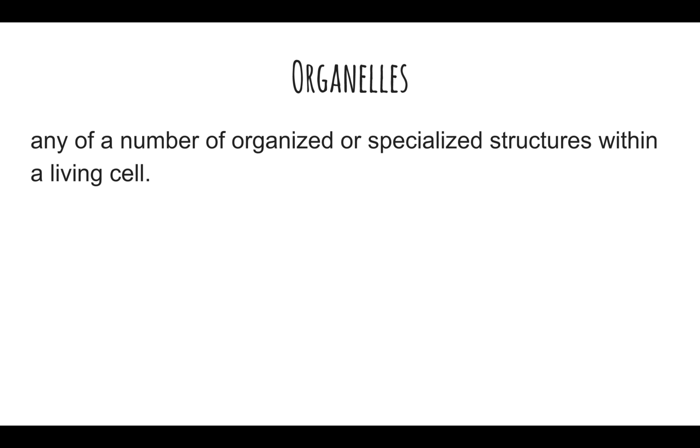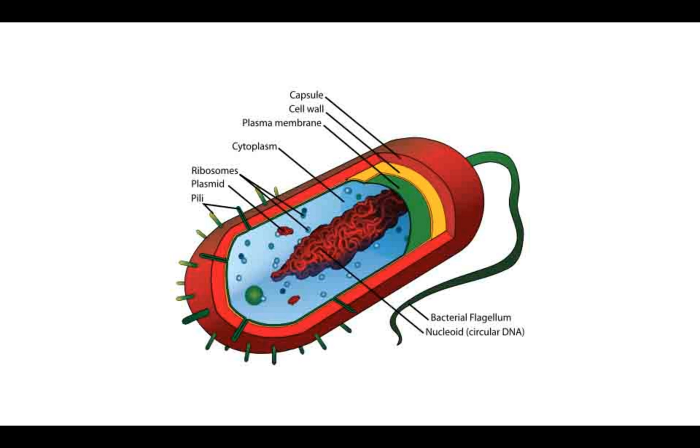Okay, so next you should know what organelles are. These are specialized or organized structures within living cells. These are the structures that carry out all cell activity within a cell. Okay, so now this is a prokaryotic cell.